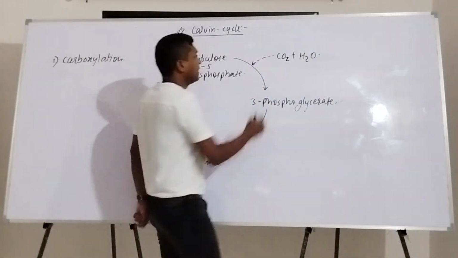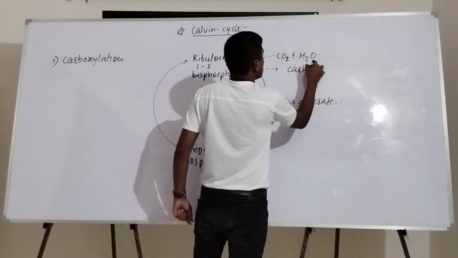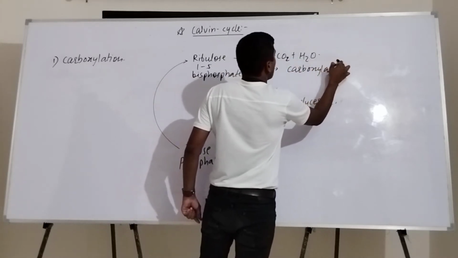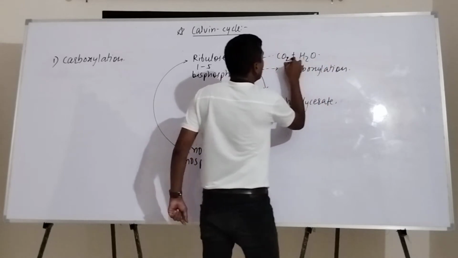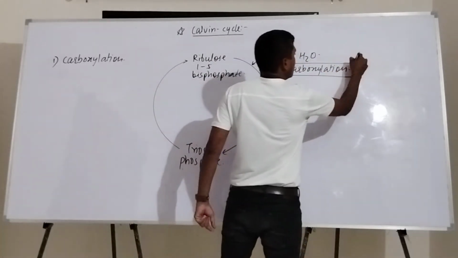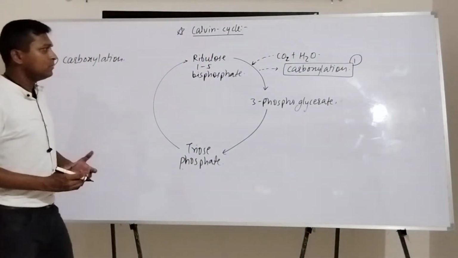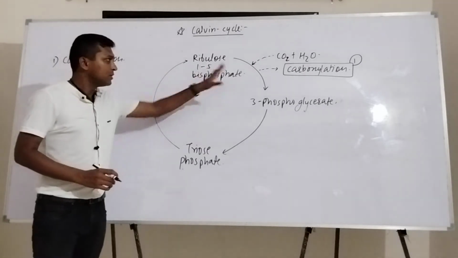That's why this step is called carboxylation, because a carboxylic group is added here. This is the first step.